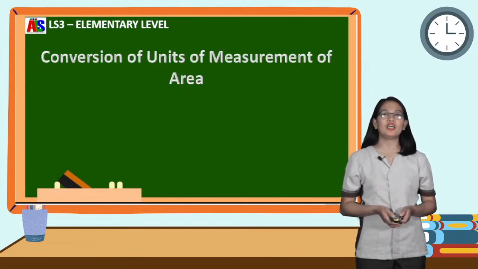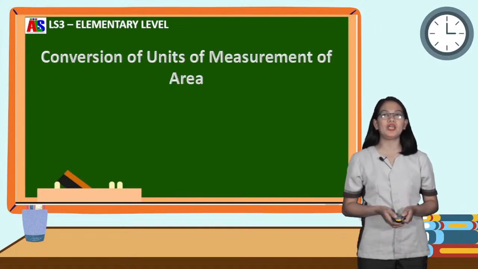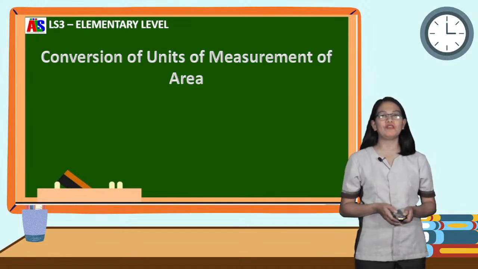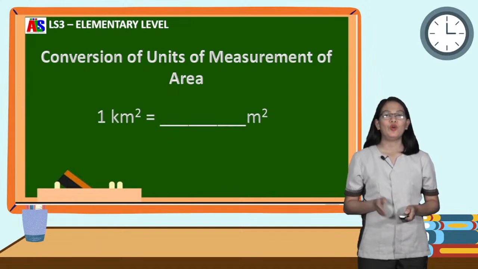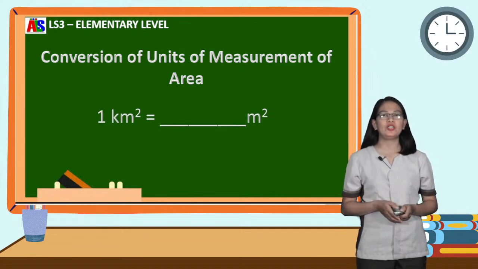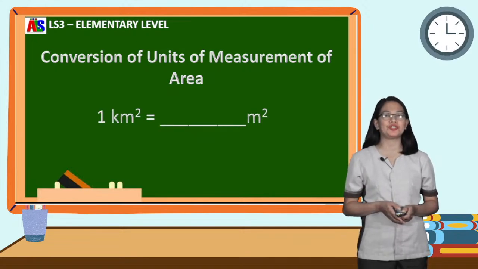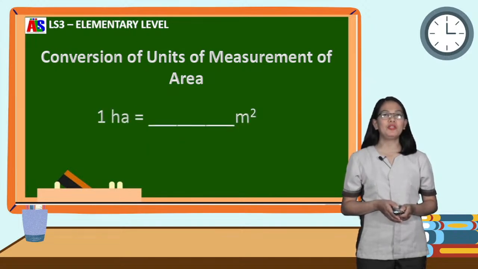Before we discuss our new lesson, let us first have a recap about conversion of units of measurement of area. Are you ready? Okay. 1 square kilometer is equivalent to how many square meters? 1 million. How many square meters are there in 1 hectare? 10,000.